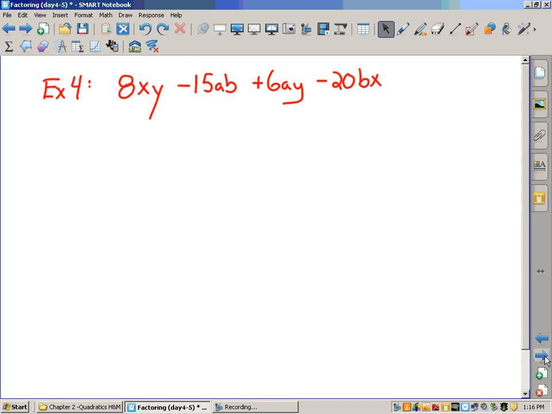All right, so what do you guys think about this problem right up here? Well, for one, this one looks different. Do you guys see any powers up here? No. So I don't see any difference of squares. I don't see any perfect trinomials. Do you guys even see one common binomial in the whole thing?